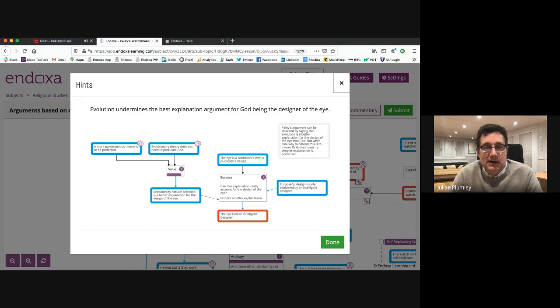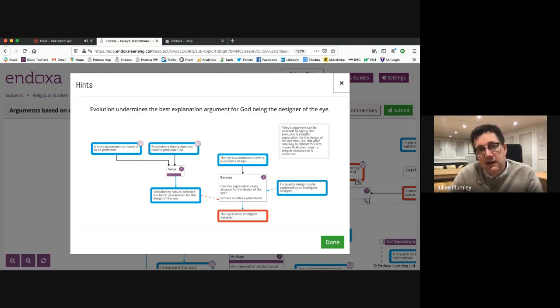The theory that has fewer things in it is a better theory. Evolution is, in this sense, a better theory than invoking God, because evolution doesn't need God. It doesn't postulate God. It just uses the laws of biology and physics to explain itself. So that's some support for this statement to undermine.